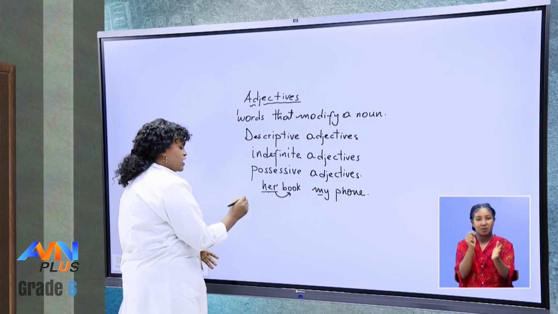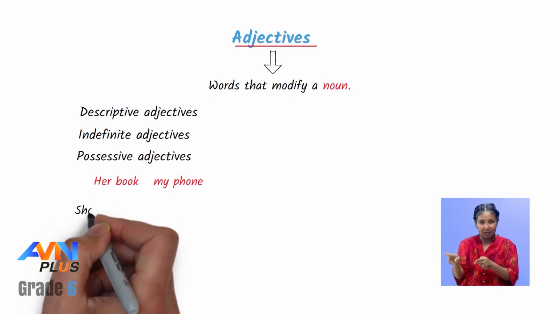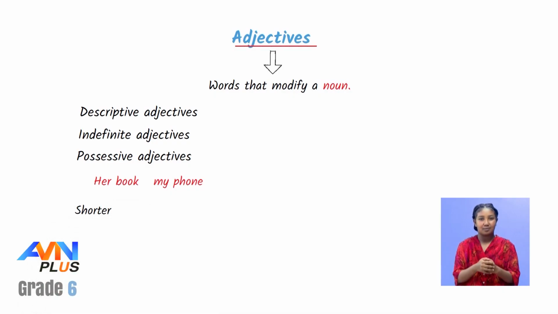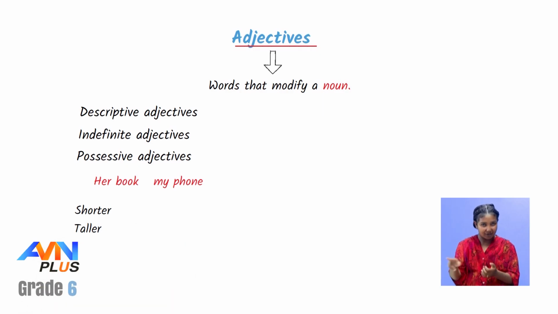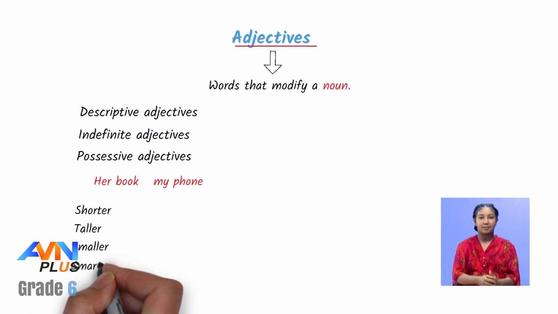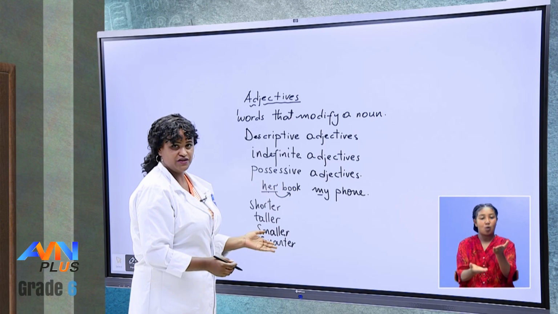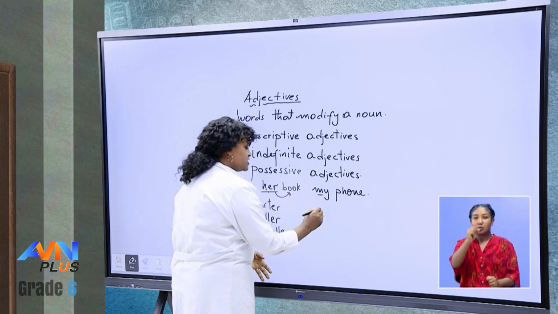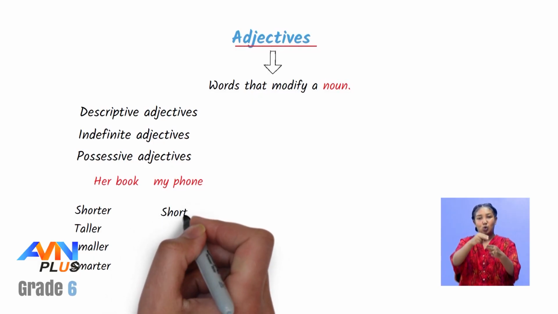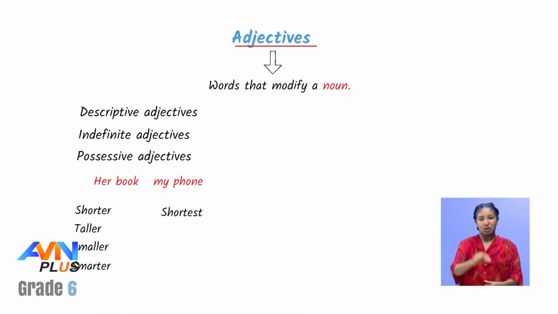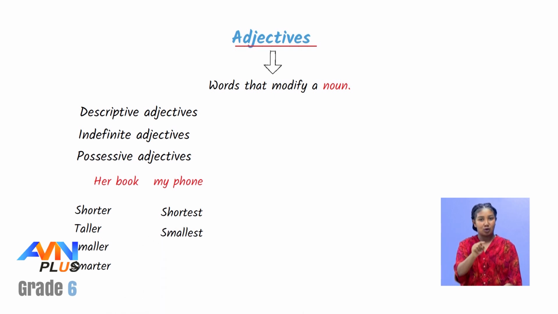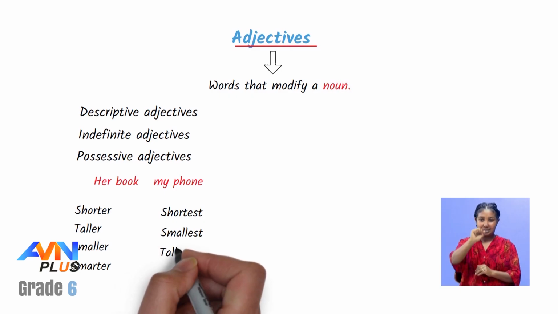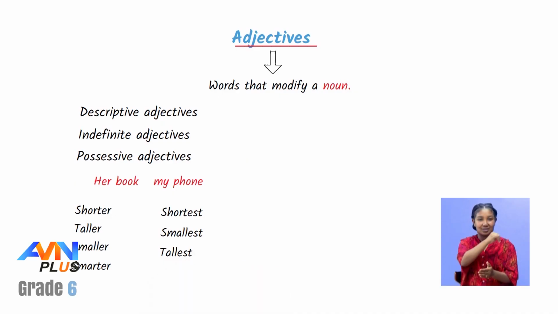For example, shorter, taller, smaller, smarter. These are comparative adjectives. When it comes to the superlative, shortest, smallest, or you can say tallest, etc. These are all adjectives, right?